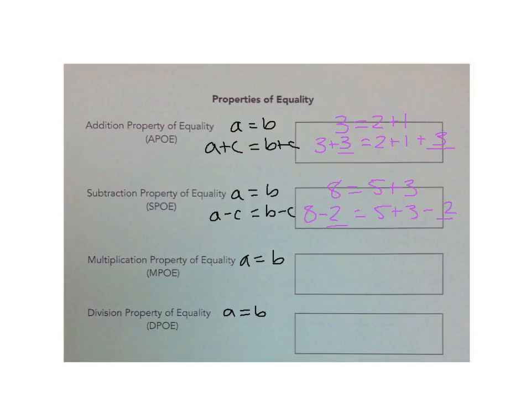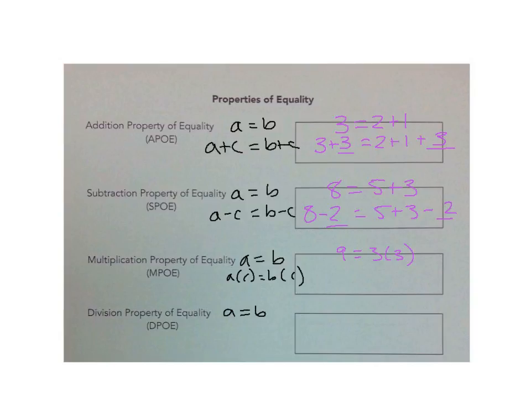The next one, I have A equals B, but I'm using the multiplication property of equality. So I'm going to multiply both sides by the same number to keep my equation the same. So here, let's say we start with 9 equals 3 times 3.